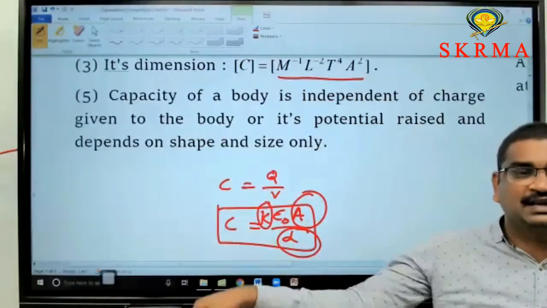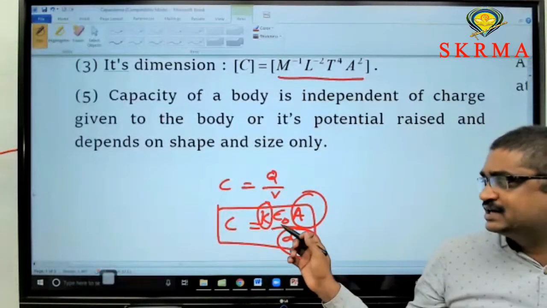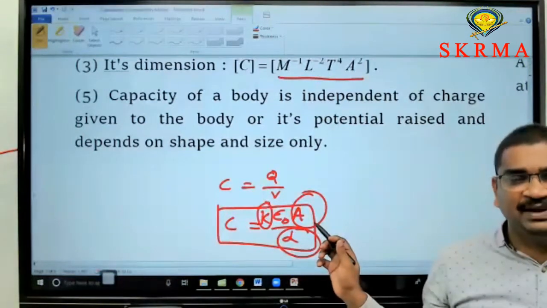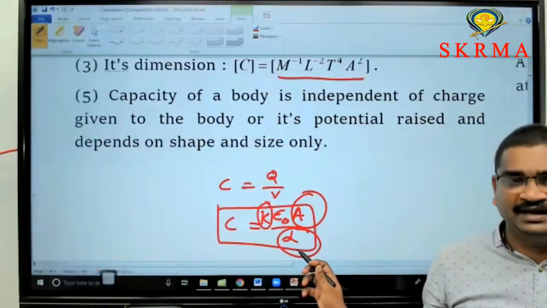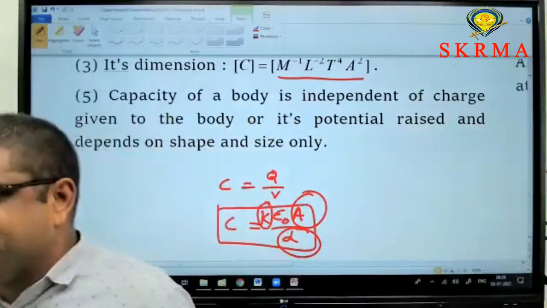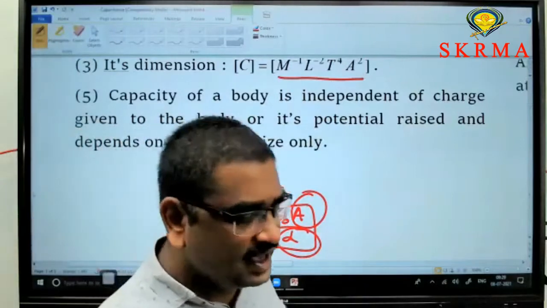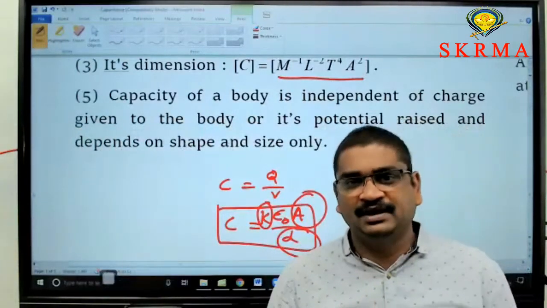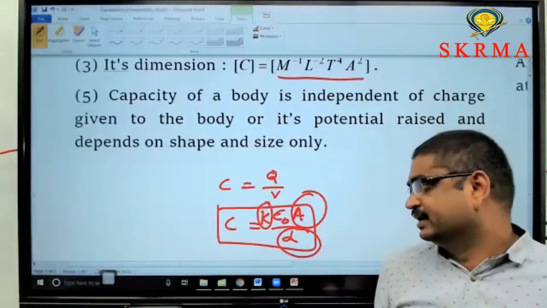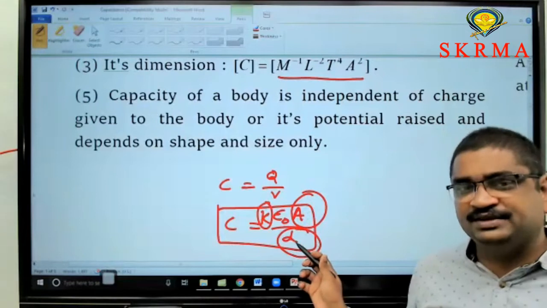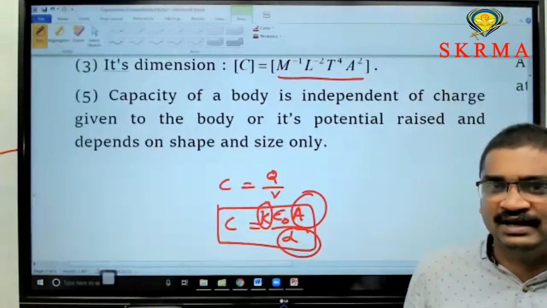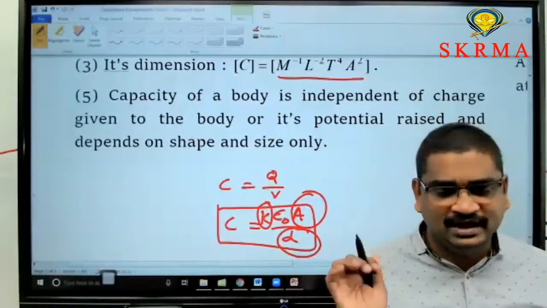Now on which factors does capacitance depend? Capacitance depends on the medium between the plates, the area of the plates, and the separation between the plates, or the physical dimensions of the plates. Area and separation we can combinedly call the dimensions of the capacitor.